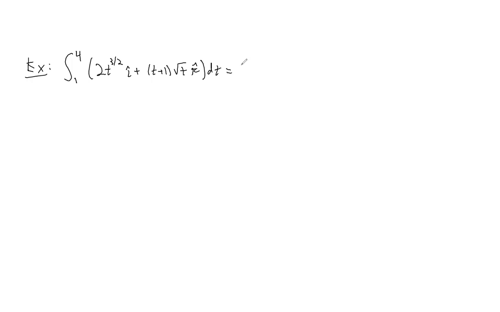What's that going to be? 2t to the 3/2. Just integrating as usual, 2 times 2/5, no, that's not quite right. It's 4/5, isn't it? Right, 4/5 t to the 5/2 i.